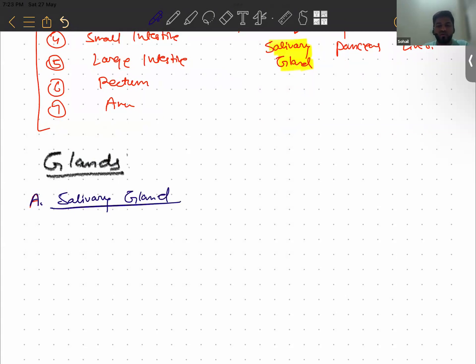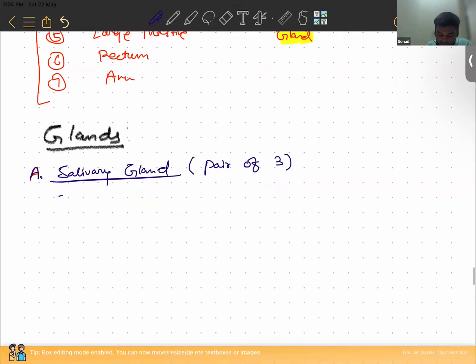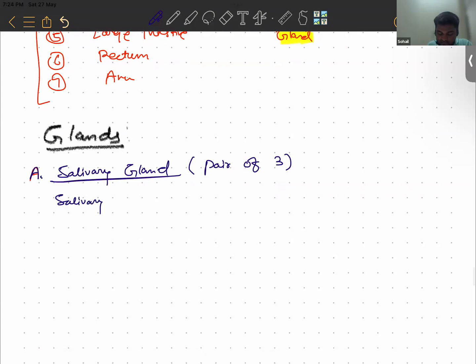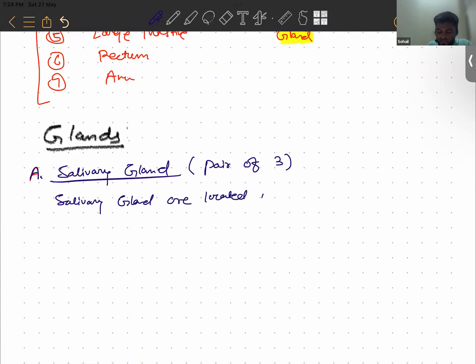If someone asks you the number of salivary glands, you say there are three pairs of salivary glands present in our mouth, that is, the buccal cavity.